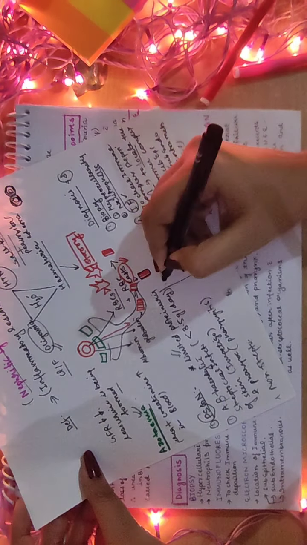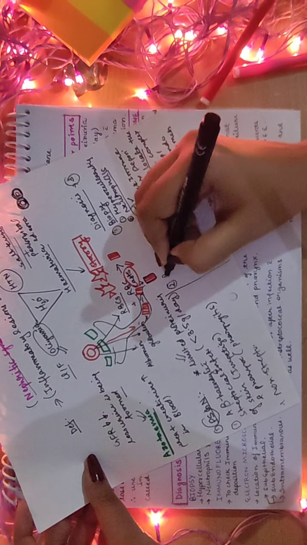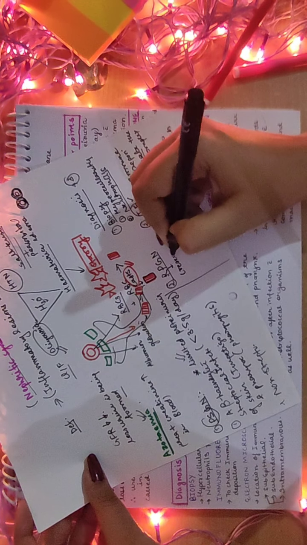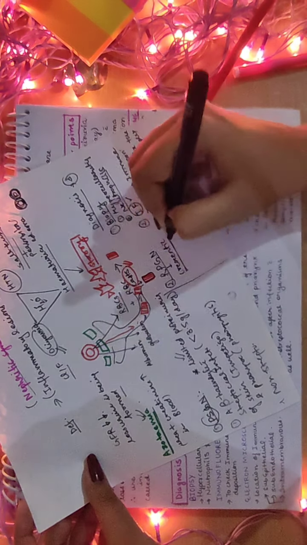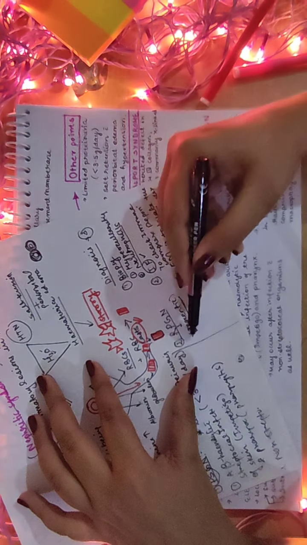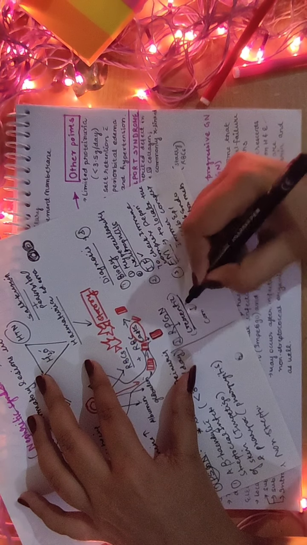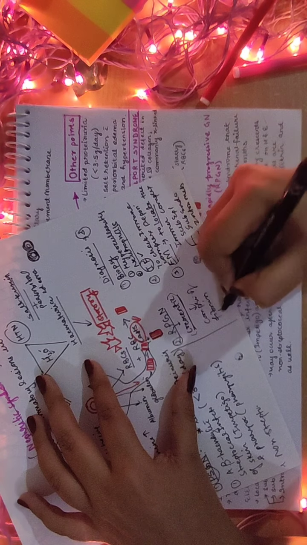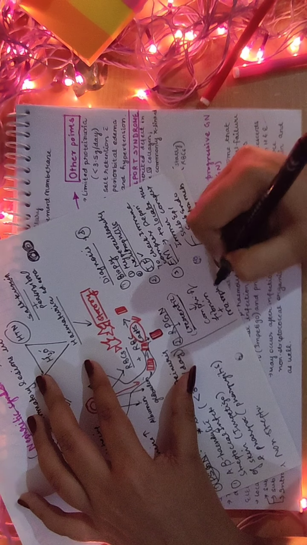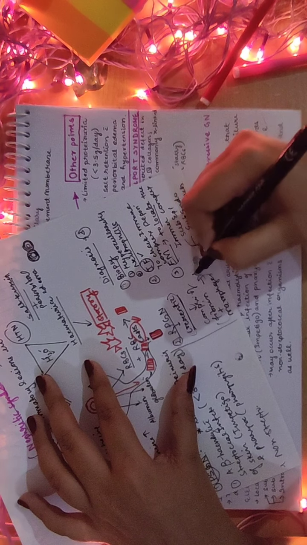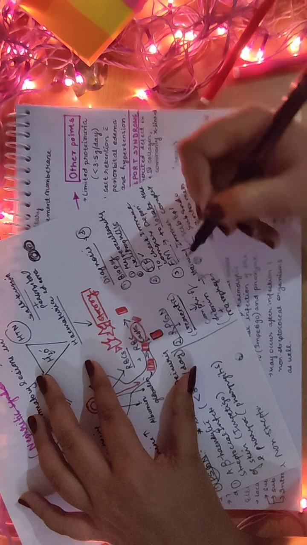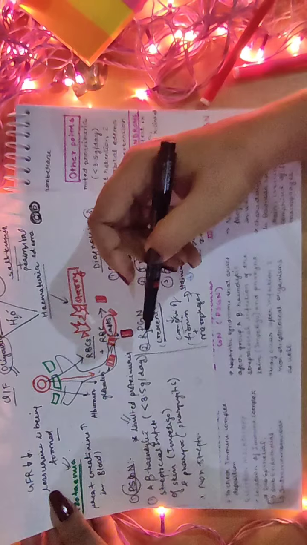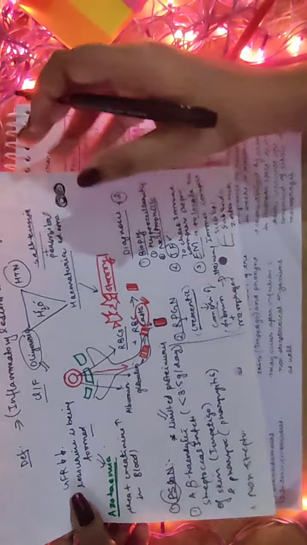Now we shall come to the second one, which is rapidly progressing glomerulonephritis, also called crescentic. What are crescents? Crescents are comprised of fibrin plus macrophages. We see this on staining, we don't usually see it otherwise. These crescents lead to acute renal failure also.